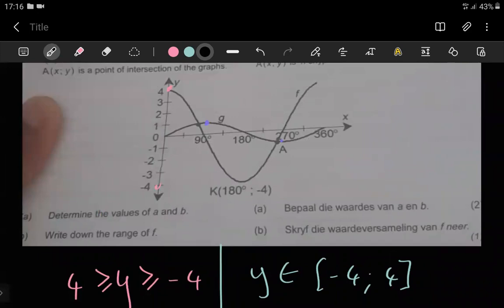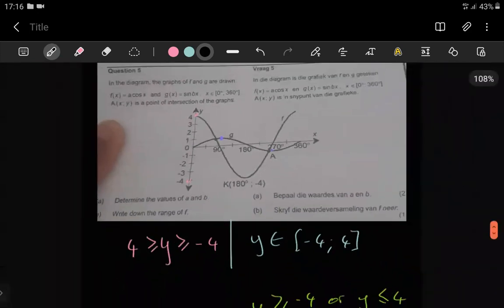It's 1 and -1. When you write it out, this may be the easiest way: y is an element of whatever the first y value is and the other one. So for the graph of g, you can just say y is an element of -1 to 1.